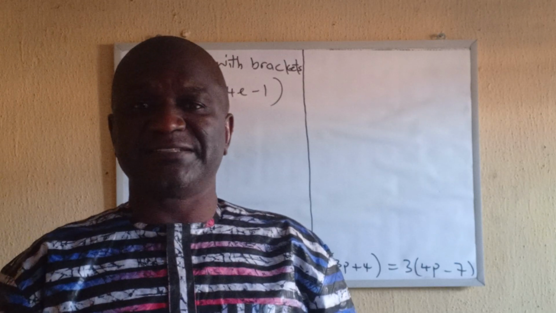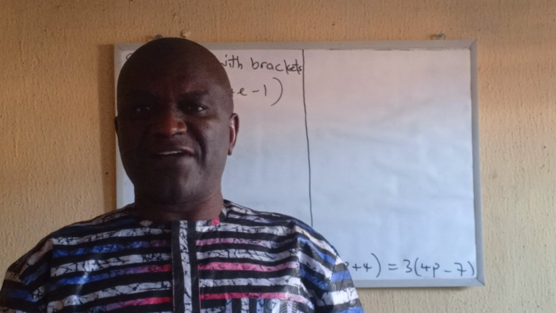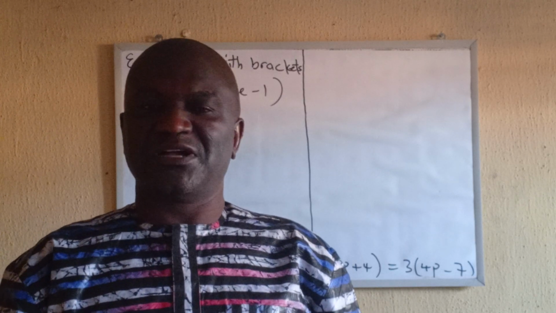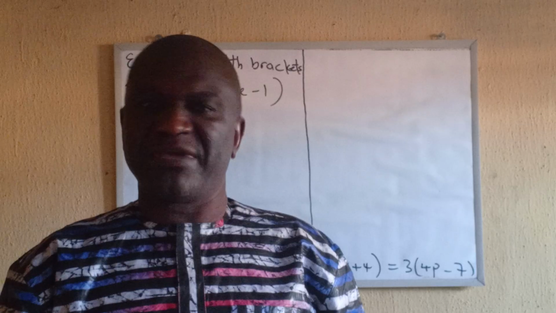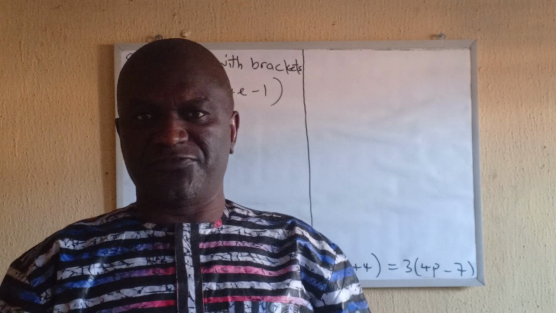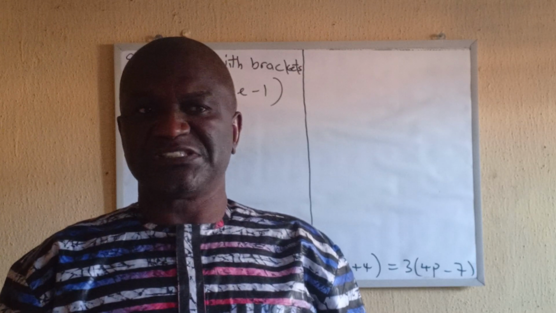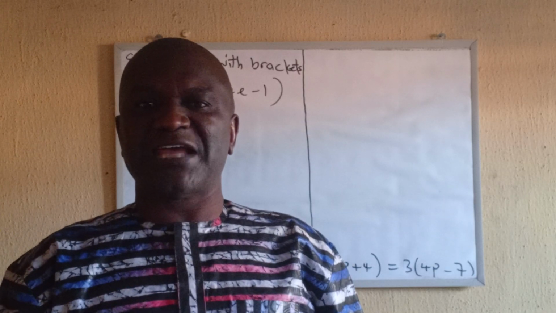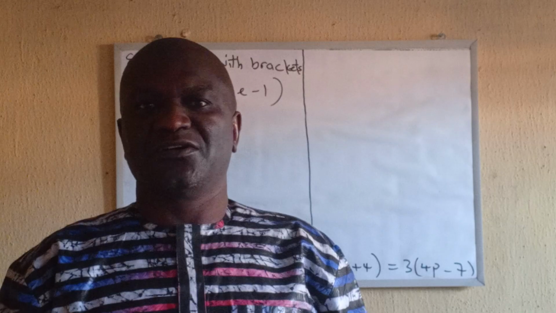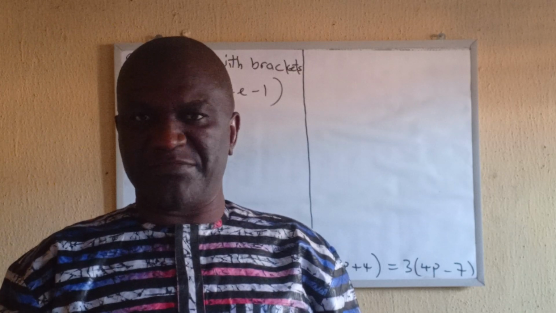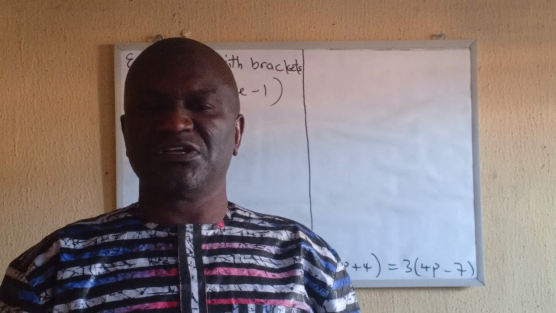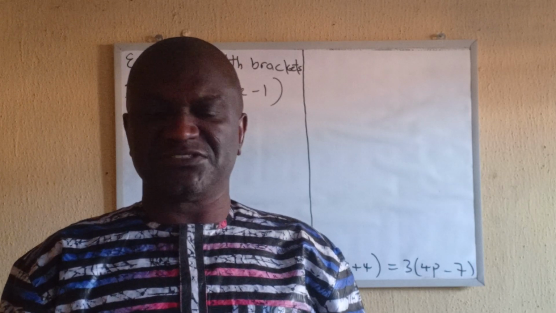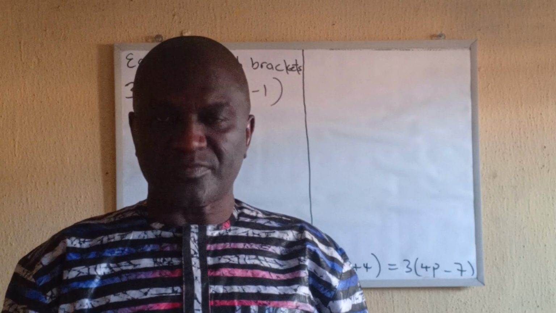And we also added that numbers with alphabets would be on one side of the equation and numbers without the alphabet on the other side. And we said at the end you must either divide both sides by the coefficient of that alphabet, or which we call the multiplicative inverse of the coefficient of that alphabet.